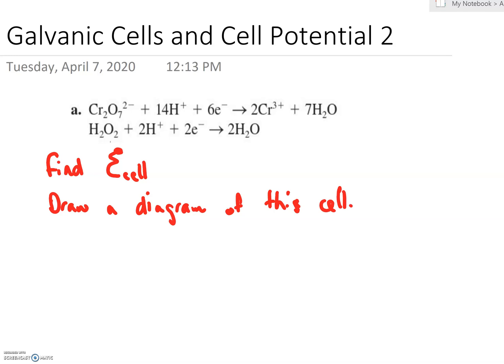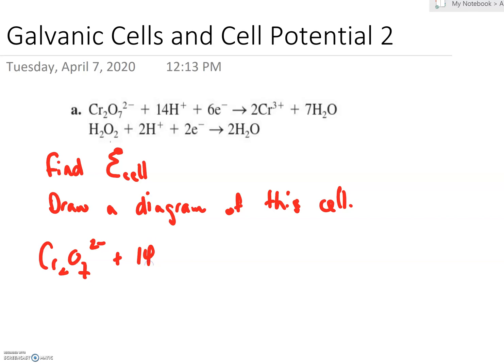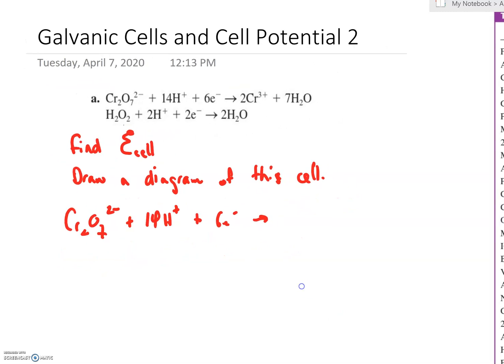And so we have two of them. We have Cr2O7 2 minus plus 14H plus 6 electrons yields 2 Cr3 plus and 7H2O.